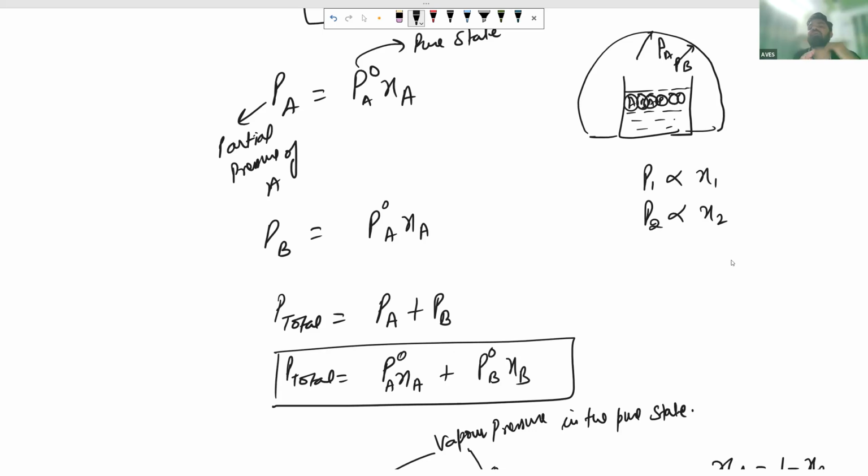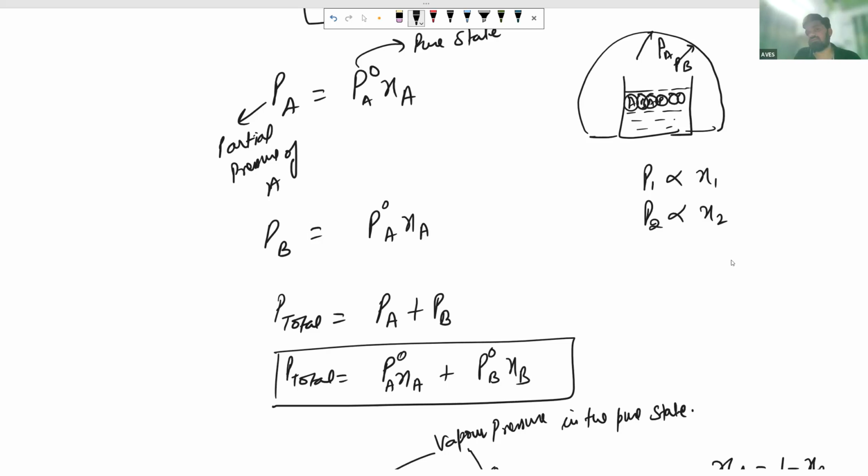If A has more mole fraction, then A will exert more pressure. If B has more mole fraction in the liquid, then it will exert more pressure. So simply it says that the vapor pressure exerted by the volatile liquids is directly proportional to the mole fractions.